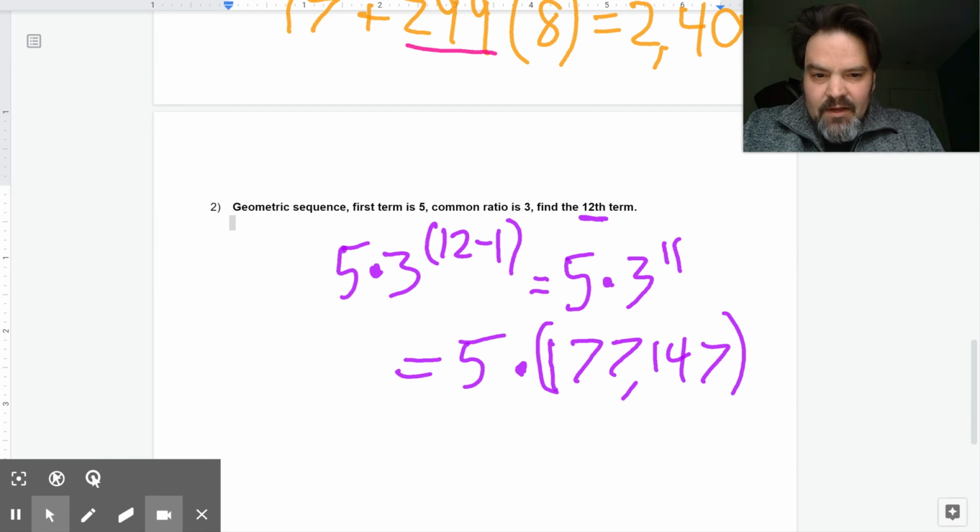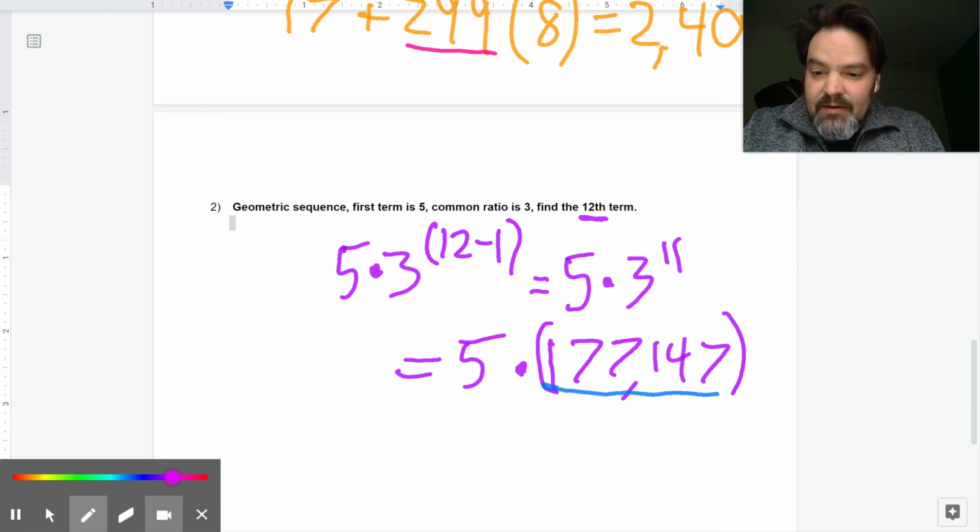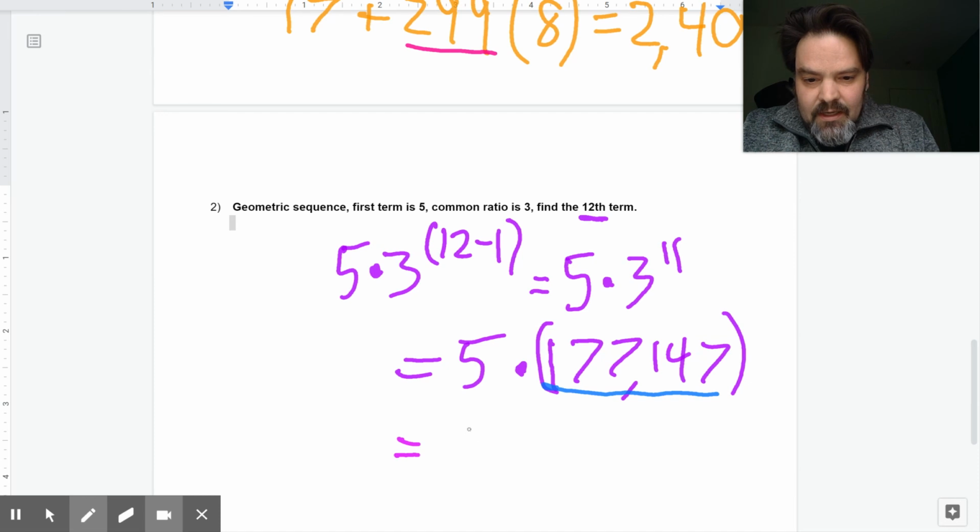So it turns out that 3 to the 11th power is equal to 177,147. Then my job is to simply multiply that by 5. So that's going to be equal to 885,735.